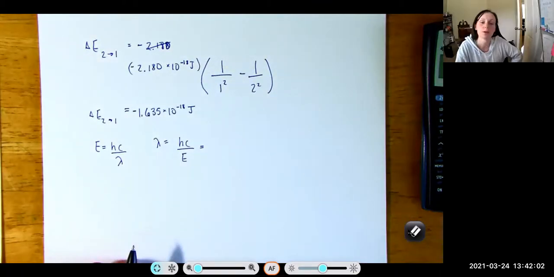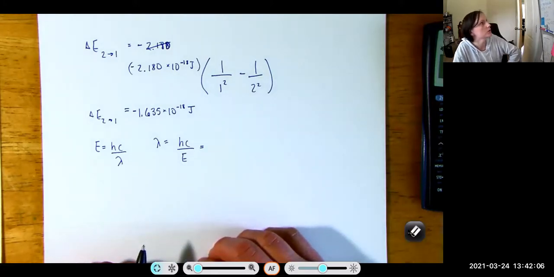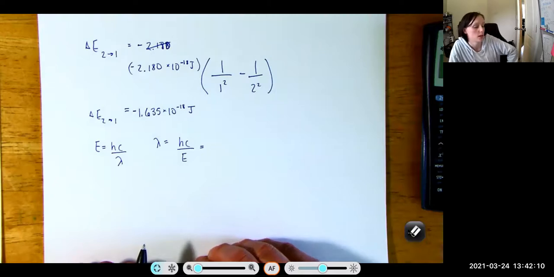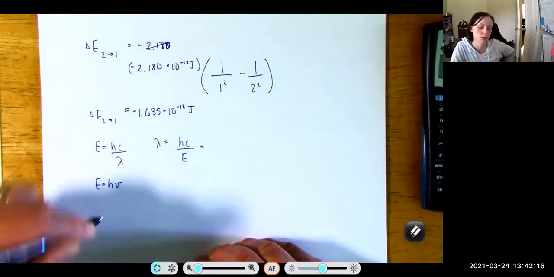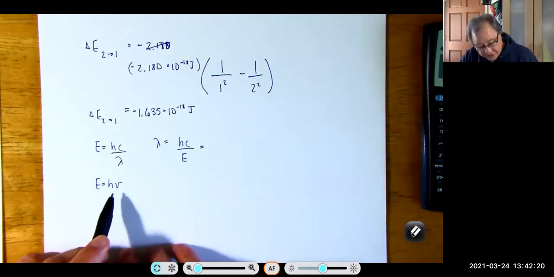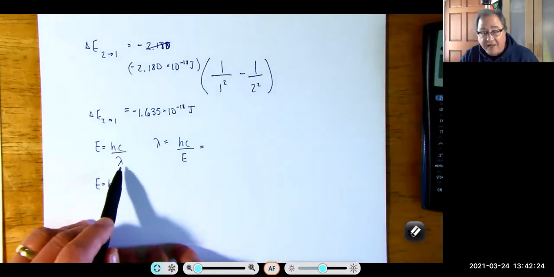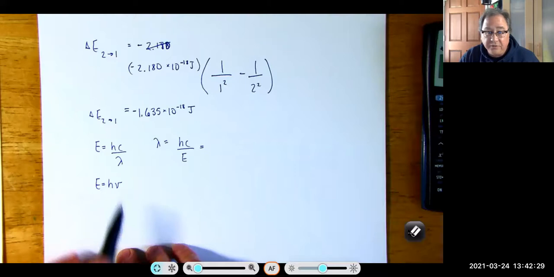And I was wondering, when do we use E equals, is it HC? No, it's h nu. H nu versus E equals HC over lambda. And the answer is you use E equals h nu when you have nu. You use E equals hc over lambda when you have lambda, or when you want lambda, or when you want nu.